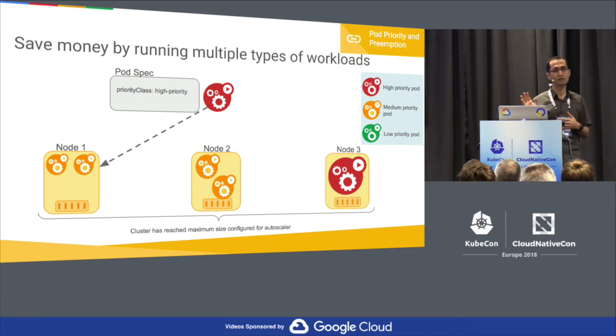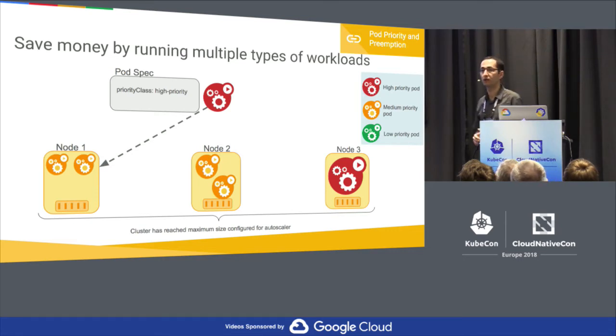So why does this help with raising utilization in your cluster? A lot of users today, in the absence of priority and preemption, use a single workload or equally important workloads in their cluster and rely on cluster autoscaler to scale up the cluster when there is demand for more resources.